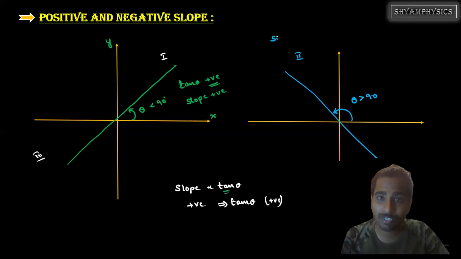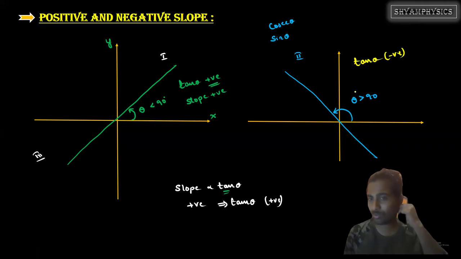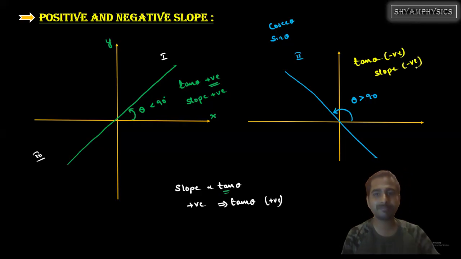In the second quadrant, only sin theta and its reciprocal cosecant theta are positive. Remaining all are negative. So we can say simply that tan theta in this case is negative. If tan theta is negative, the slope of this line is also negative.